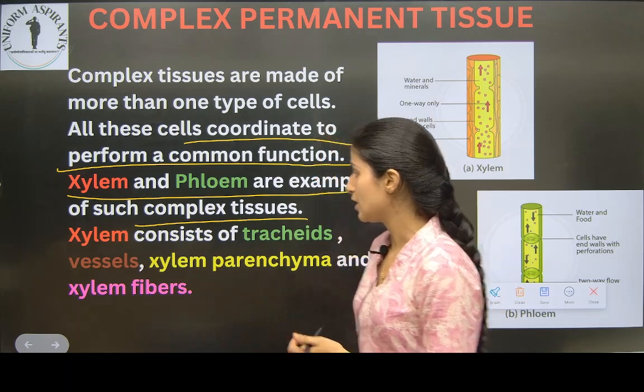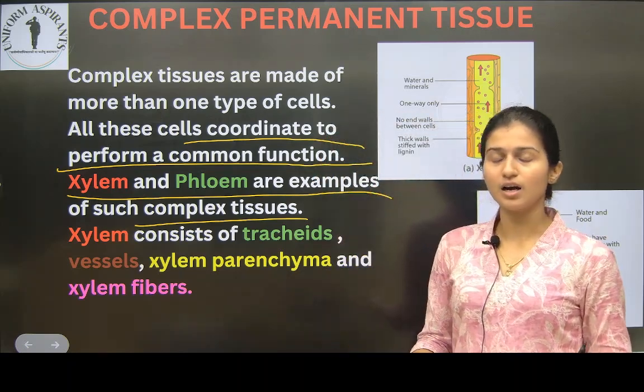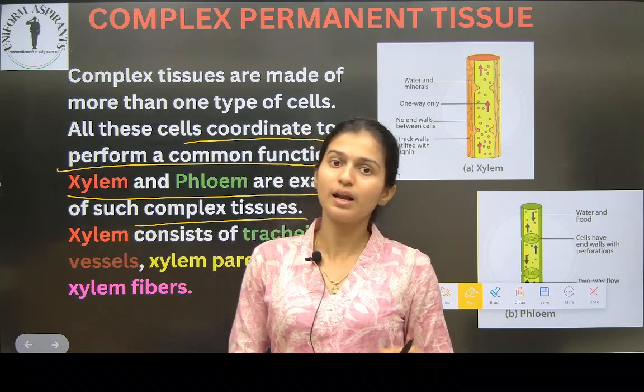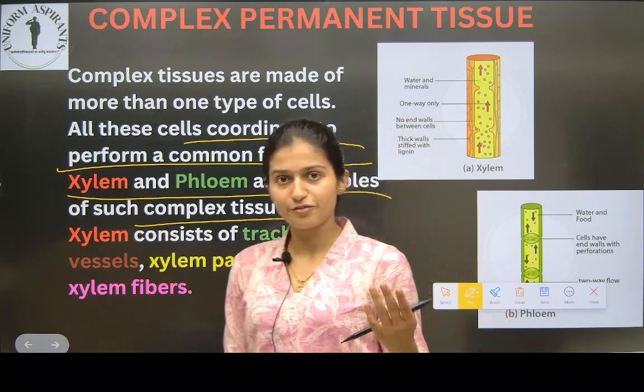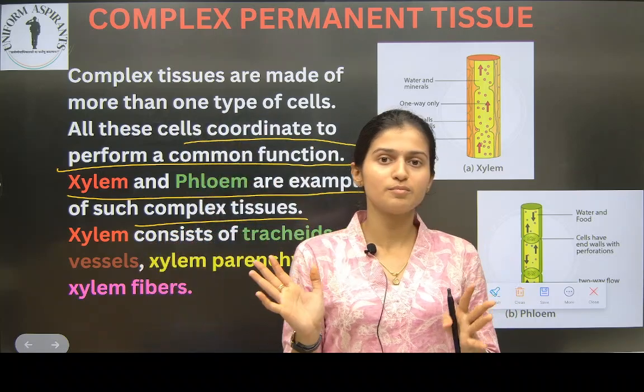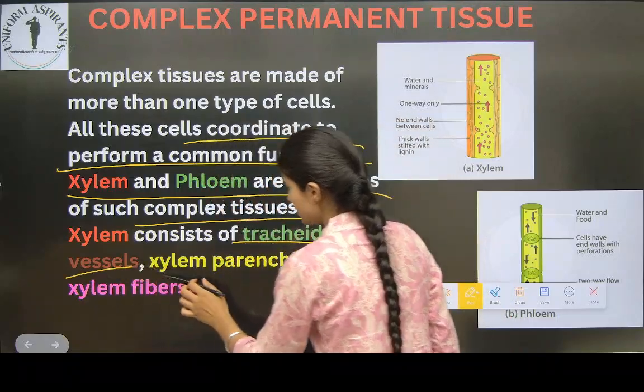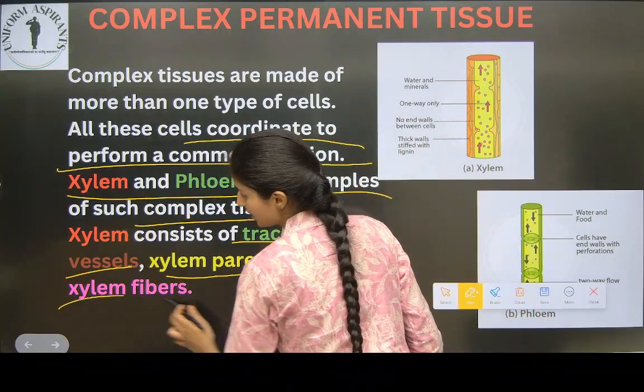Now see, in xylem also there is organic material and inorganic material, so there are different types. Some are live and some are dead. Xylem consists of tracheids, vessels, xylem parenchyma and xylem fibers.